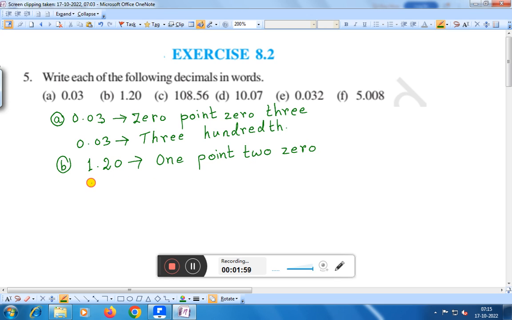This is one method. In another method you can also write like this. You see the place value. The place value of 1 is ones. The place value of 2 is tenth. And the place value of 0 is hundredth.